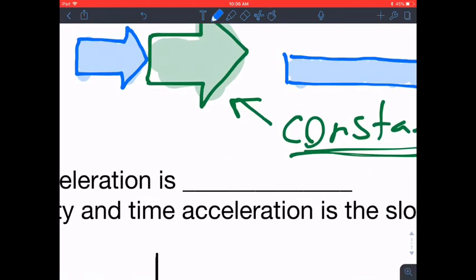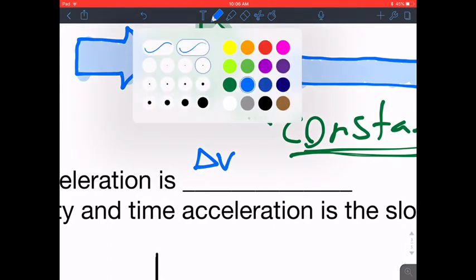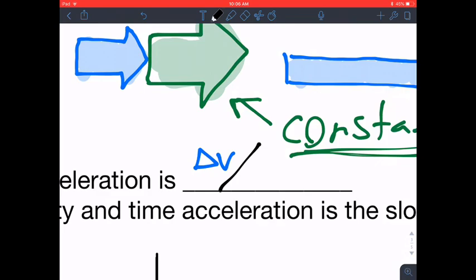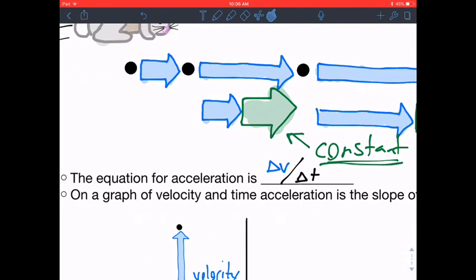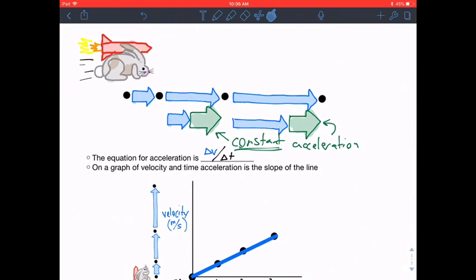The equation for acceleration is the change in velocity, delta V, over the change in time. So if you gain 10 meters per second over 2 seconds, that's an acceleration of 5 meters per second per second.